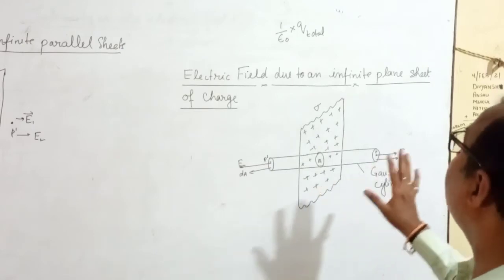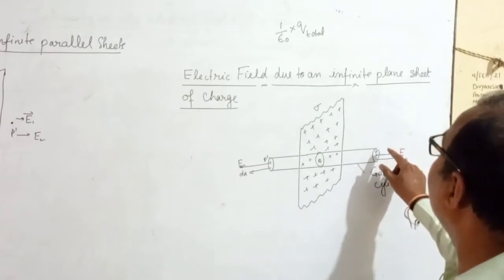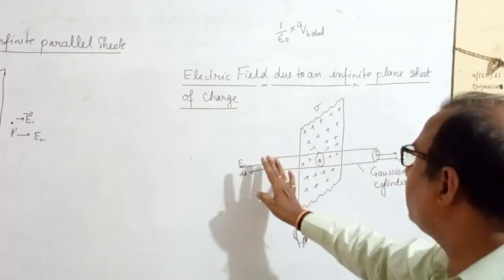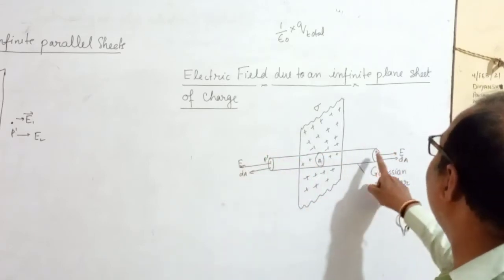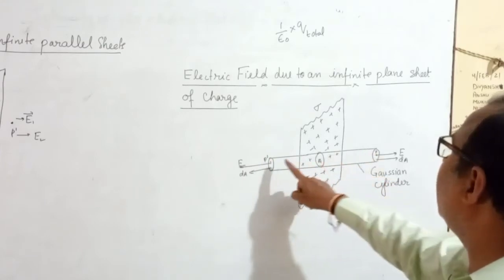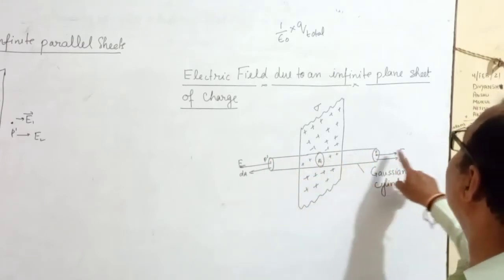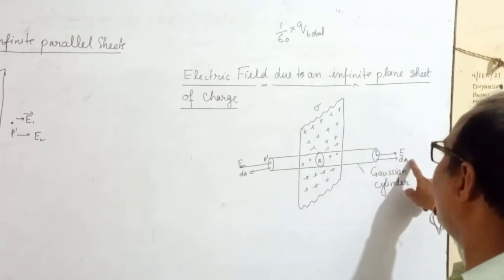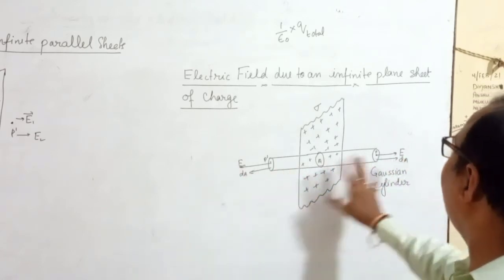You want to find out the intensity of electric field. You took a Gaussian cylinder passing through it. This side you took point P, this side P dash. Electric field E is outward, area dA outward, so both are parallel.